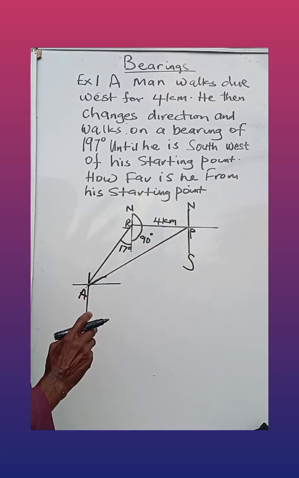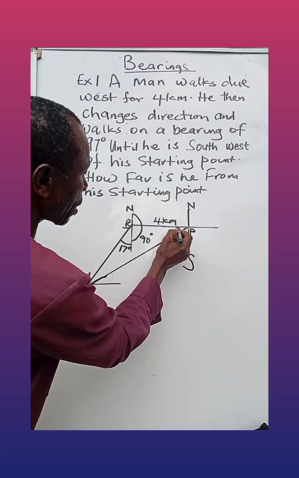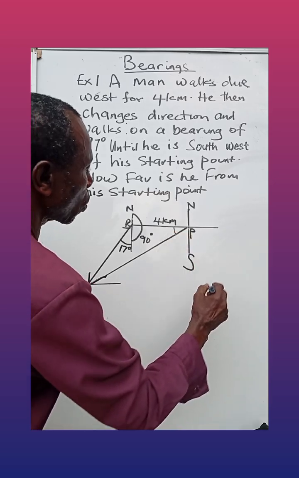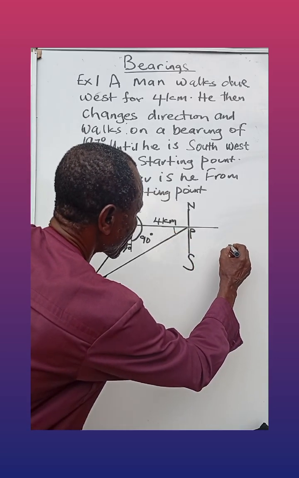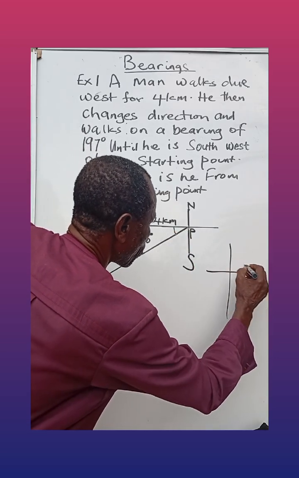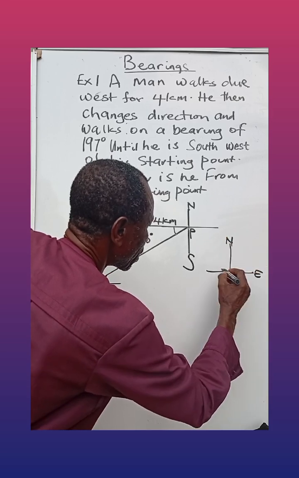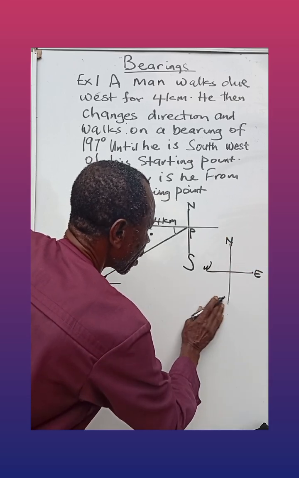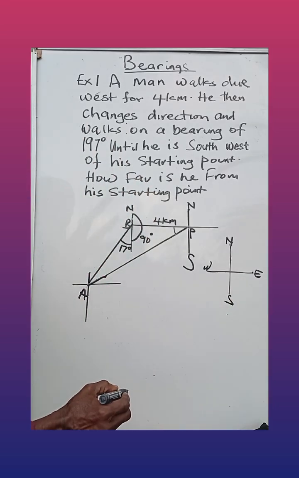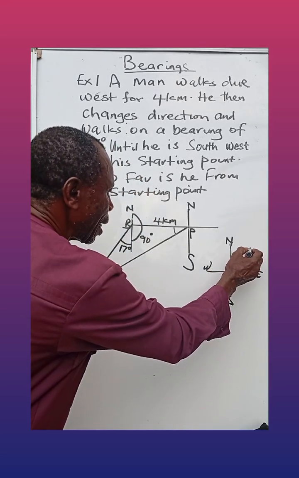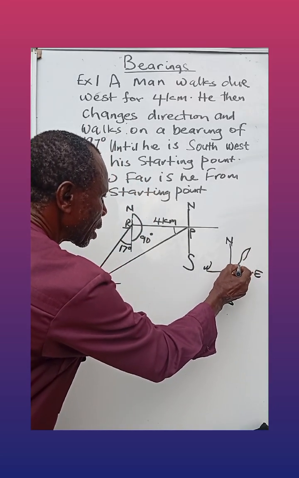But before we do that, we have to determine this angle. We are told he is southwest. When you take your cardinal points, these are north, these are east, these are west, and these are south. So from here, southwest, we take our 8 cardinal points.